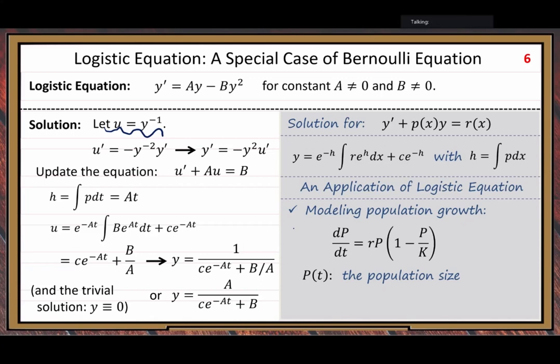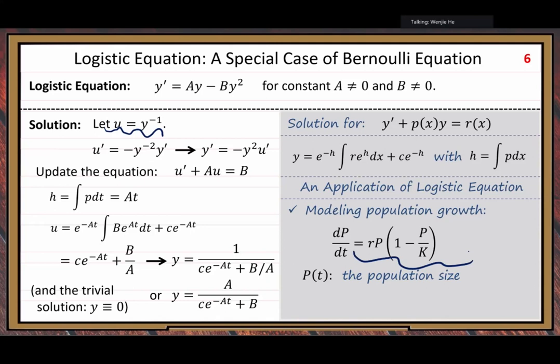Now we want to understand the meaning here, to see if it makes sense. How did people come up with this ODE to model population?